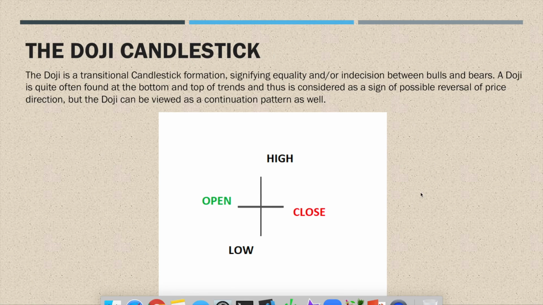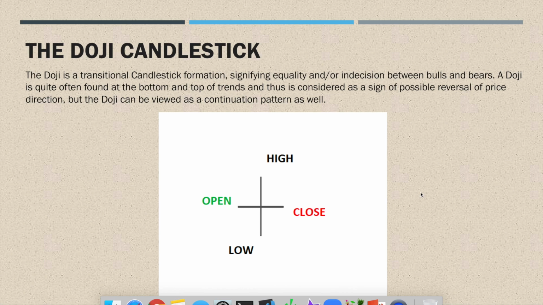Now since we're on the topic of candlesticks, I quickly want to draw your attention to an interesting candlestick pattern that I watch out for. It's called a doji candlestick, and the definition of doji is it's a point in the market where the bulls and bears have reached a point of indecision and no one is in control.